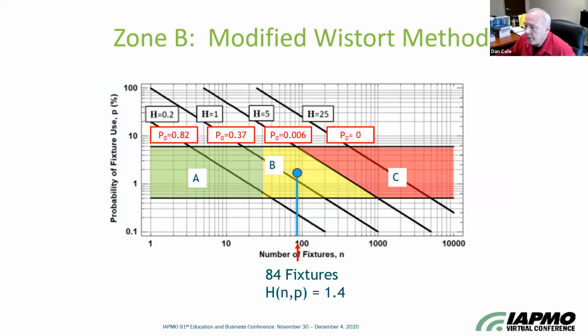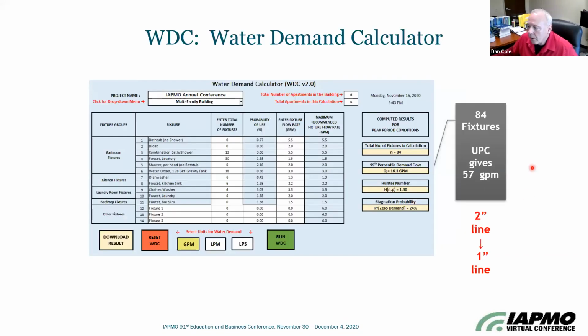And looking at, again, this chart, the number of fixtures is 84. The Hunter number is 1.4, clearly brings us into the yellow zone. So you know that the modified Wistort method is being used. And in this example, with 84 fixtures, the fixture unit method in the UPC gives 57 gallons per minute.